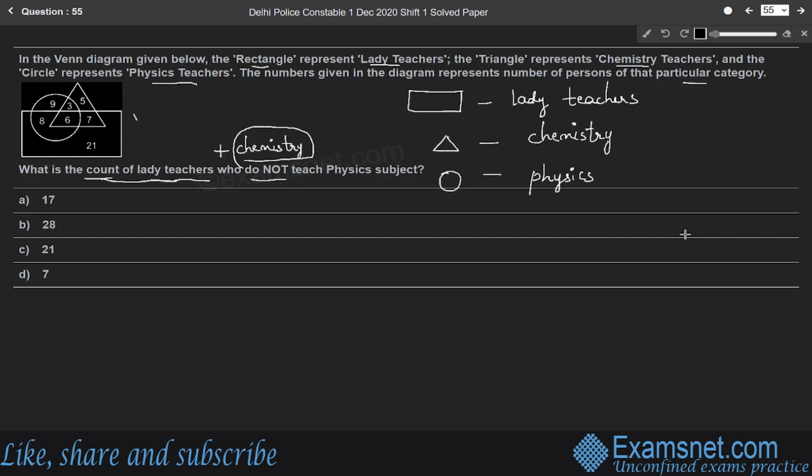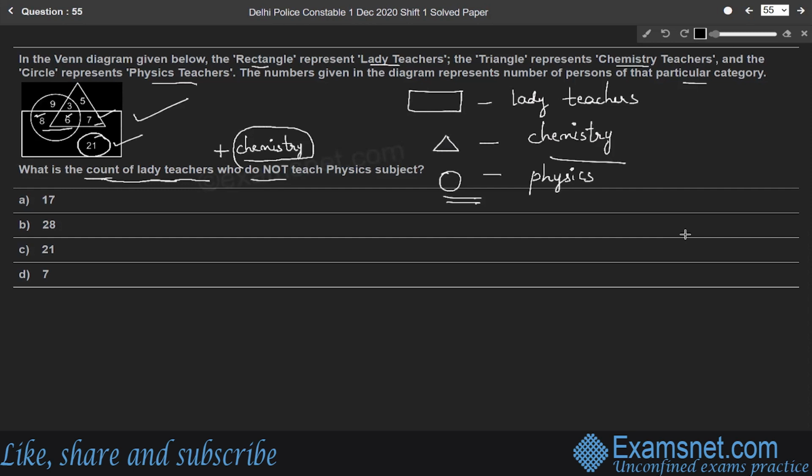So here in the given Venn diagram, the number 21 represents the lady teachers only, whereas 8, 6 and 7 are all lady teachers, but they teach. So 8 represents lady teachers who teach only physics. So circle represents only physics, right? Whereas 6 represents lady teachers who teach both physics and chemistry. Whereas 7 represents lady teachers who teach only chemistry, right?